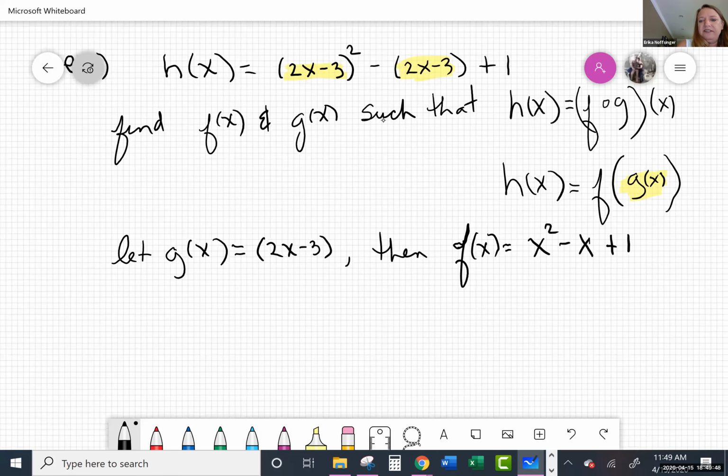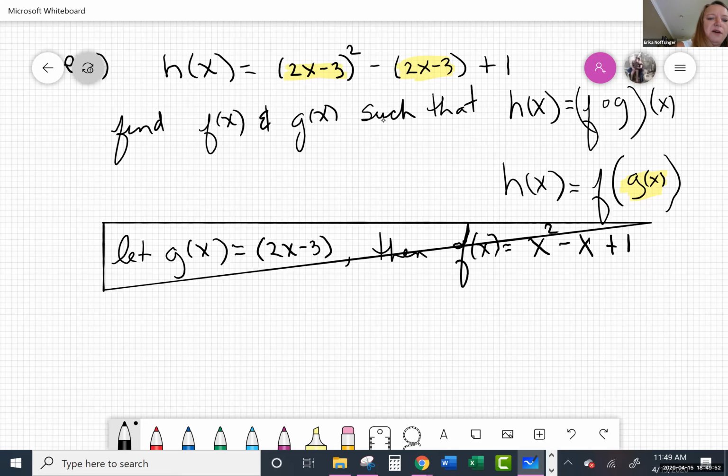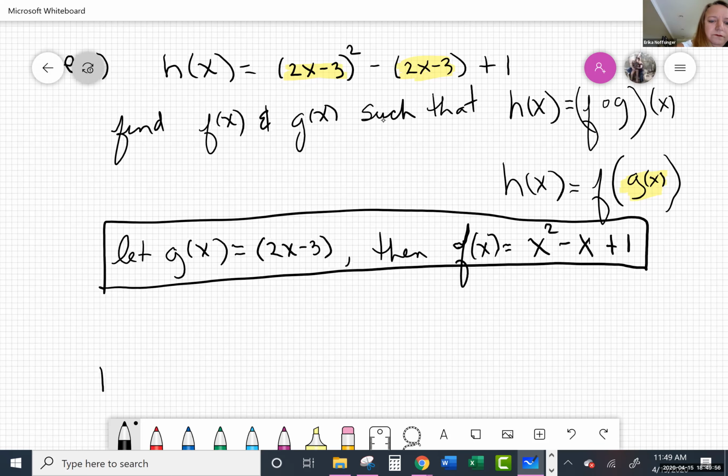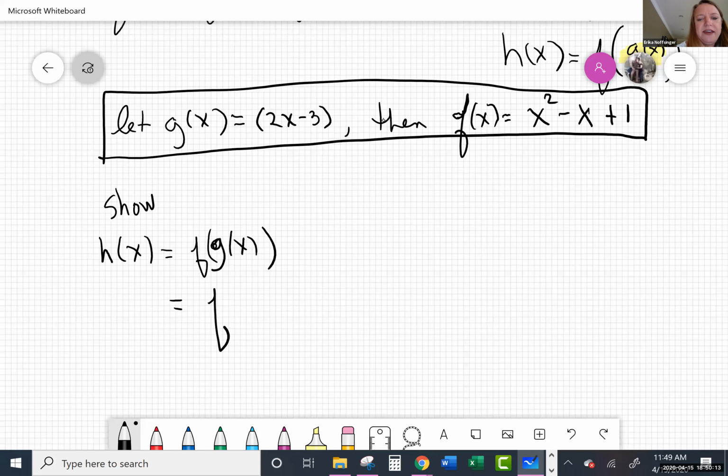So we found two functions such that if we took the composition, let's just show it. So doing this, this is giving me f of g of x, which we had chosen to be the 2x minus 3.